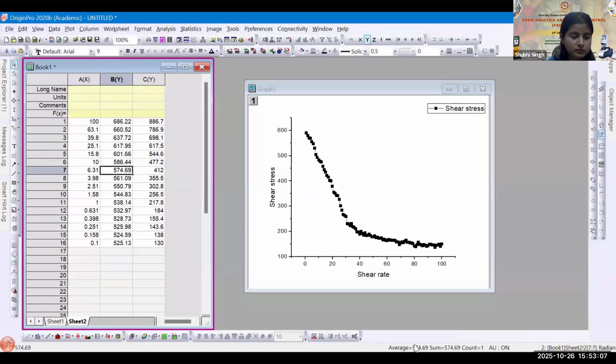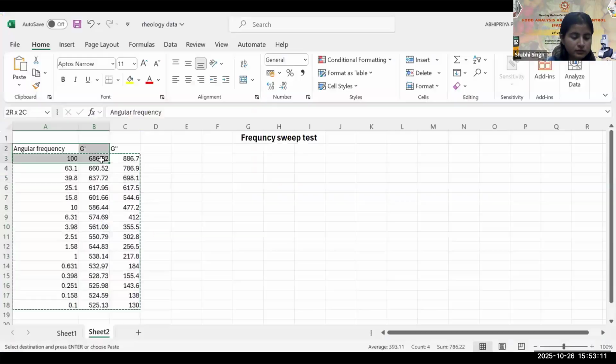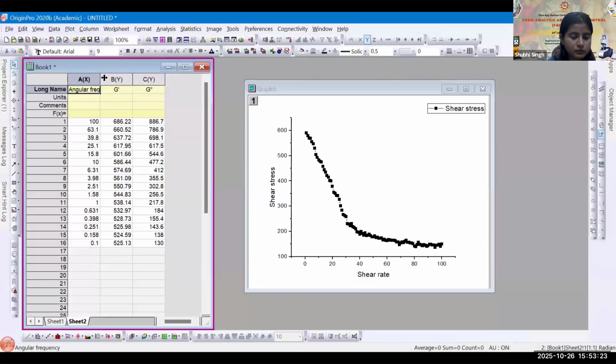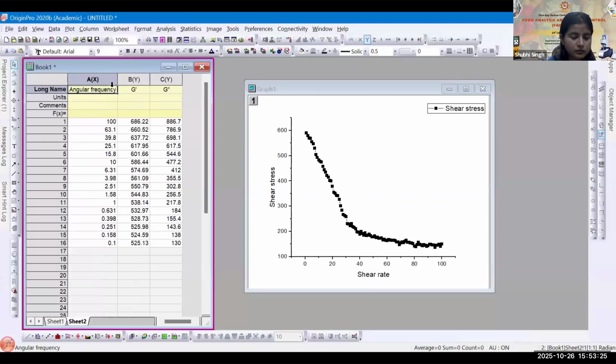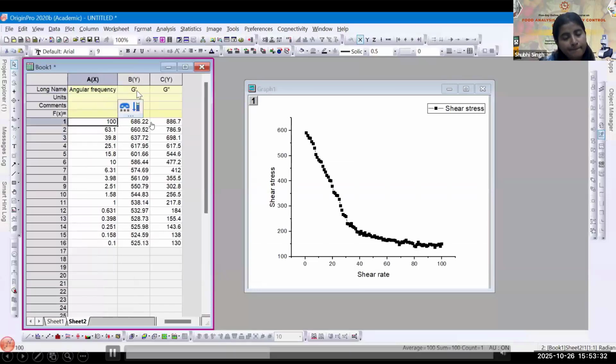Now to name it. So this is our angular frequency. And this is our G prime, which is also called storage modulus, and G double prime, that is called loss modulus. Now we will talk about this in brief.